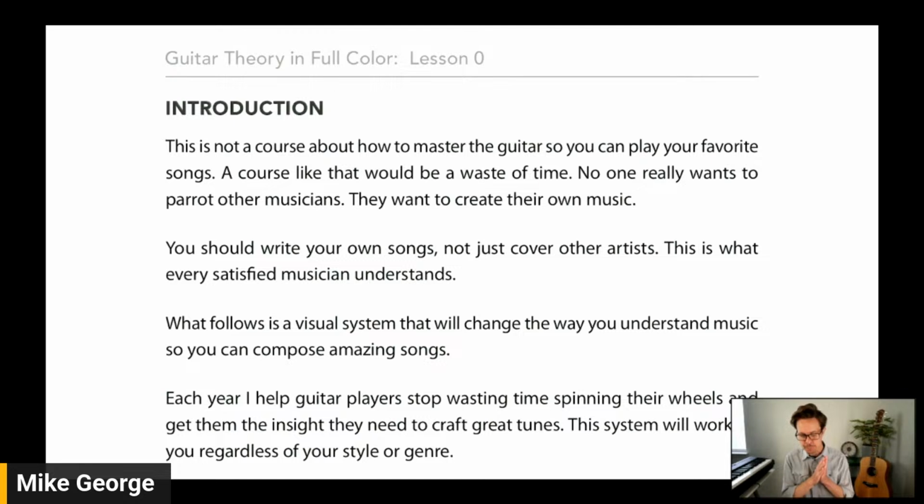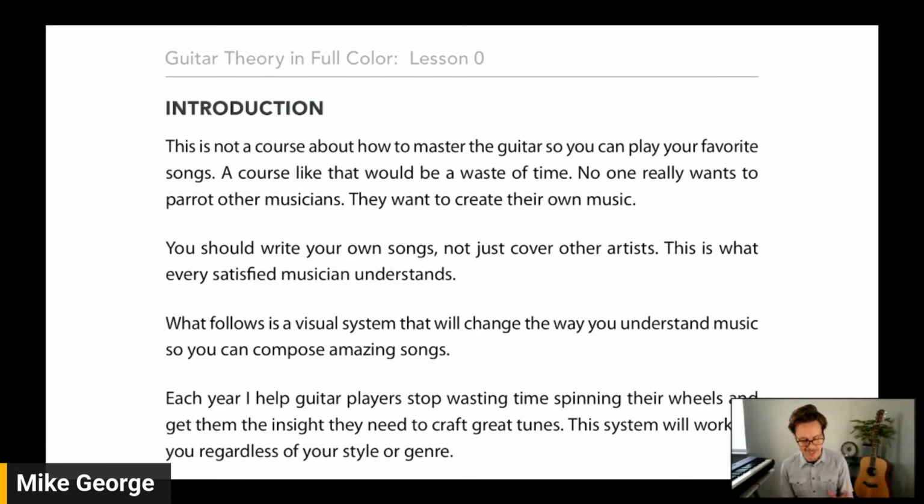But introduction. This is not a course about how to master the guitar so you can play your favorite songs. A course like that would be a waste of time. No one really wants to parrot other musicians. They want to create their own music. You should write your own songs, not just cover other artists.